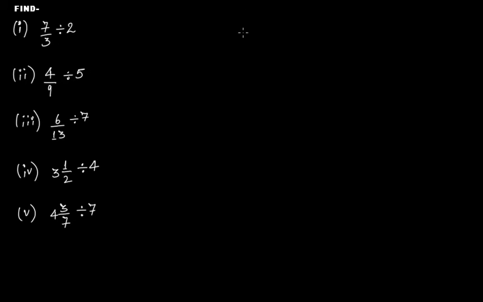Then we have the fourth one. It's 3 and a half, written in the form of a mixed fraction, divided by 4. So first simplify it, write it in the form of an improper fraction, because it's a mixed fraction. This is 2, right?